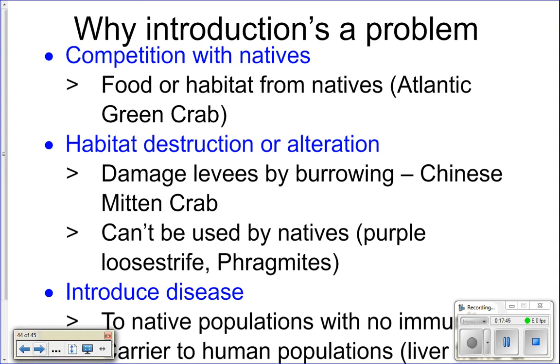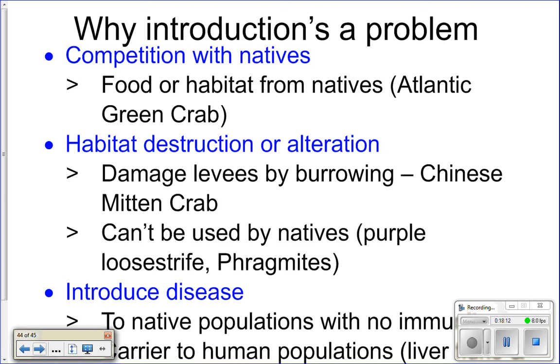So like the Chinese mitten crab is an invasive species, and it's a problem because it can burrow into wooden things, and so it is actually damaging a lot of our levees and stuff like that because it burrows into wooden things. Or the introduced species can't be used by the native plants and animals.